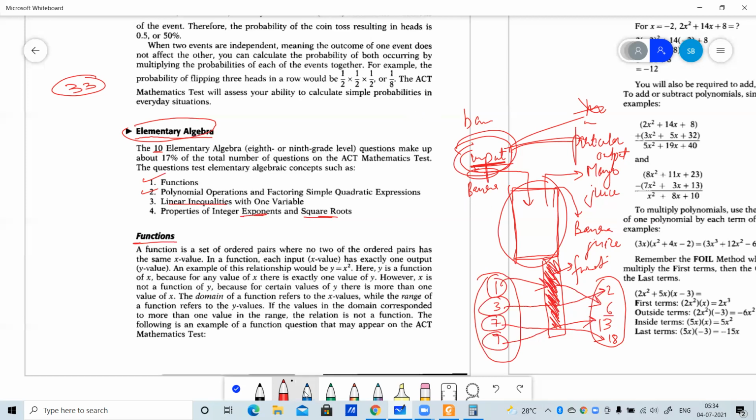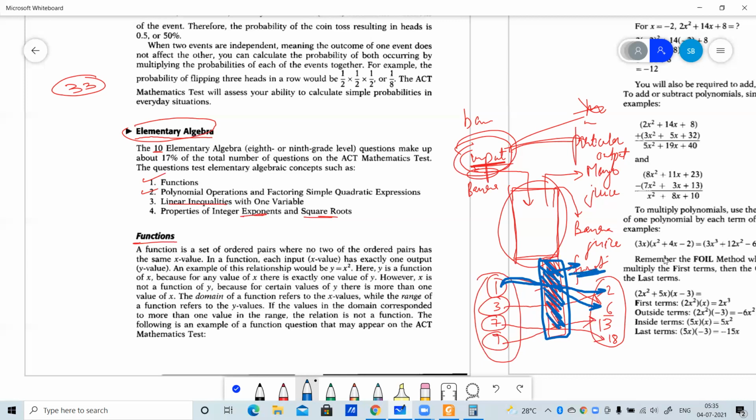So if I say that I'm giving 1 to this machine and I'm getting 2 as well as 6, then you have to say that this machine in between is not a function. It can be a relation, but it's not a function.